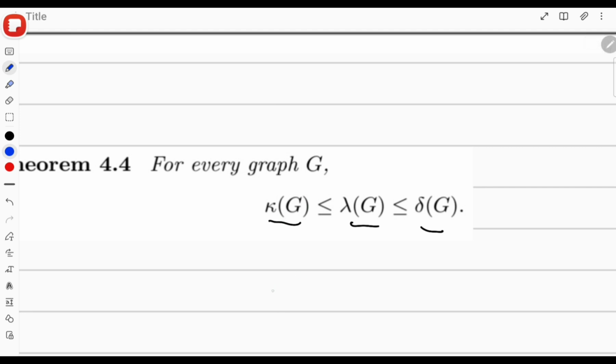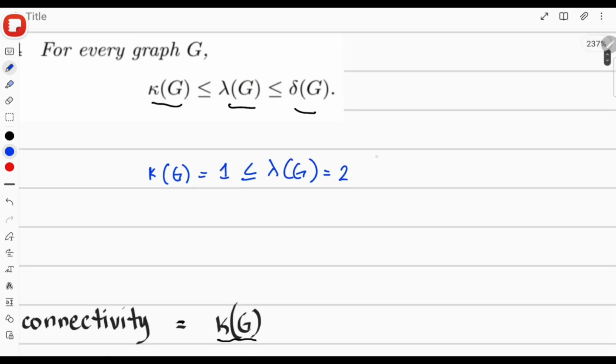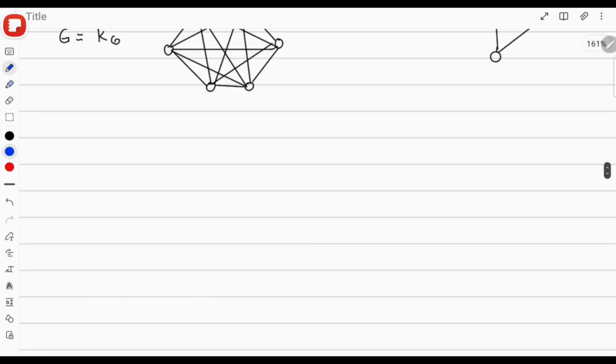For G, we have kappa of G equal to 1, which is less than or equal to lambda of G equal to 2, which is less than or equal to delta of G, which is equal to 3. So 1 is less than 2, and less than 3. Okay.